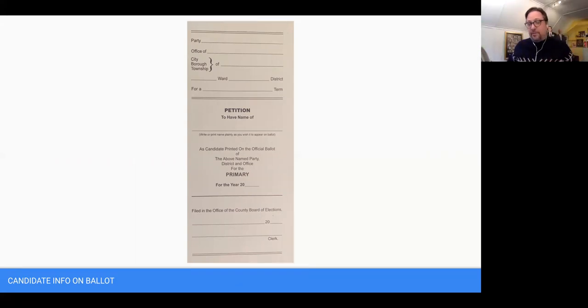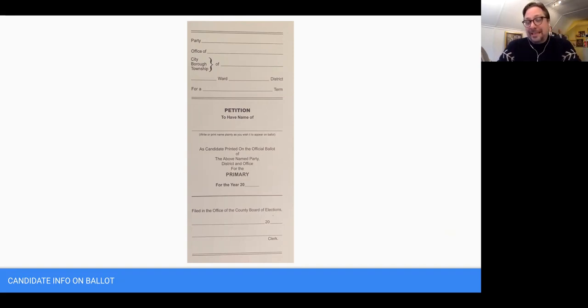This is, again, very basic information once you've filled out the top of the front page. The party that you are a member of, the office that you are seeking, the municipality in which you're seeking that office. I believe only the city of Erie has formal wards, although Corry is broken into 3 wards as well, but I don't know if they refer to them as wards or districts.